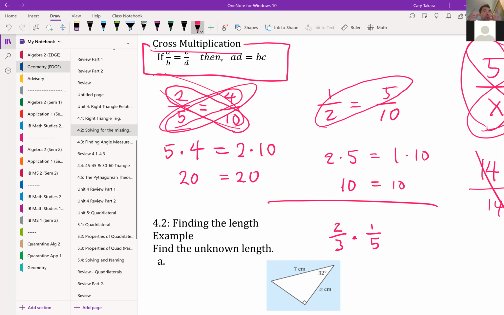You're just simply multiplying two fractions, so you multiply straight across. Is that clear to you guys? So cross multiplication only works if you have one fraction equals another fraction. But if you're just multiplying two fractions together, you multiply straight across. Okay.